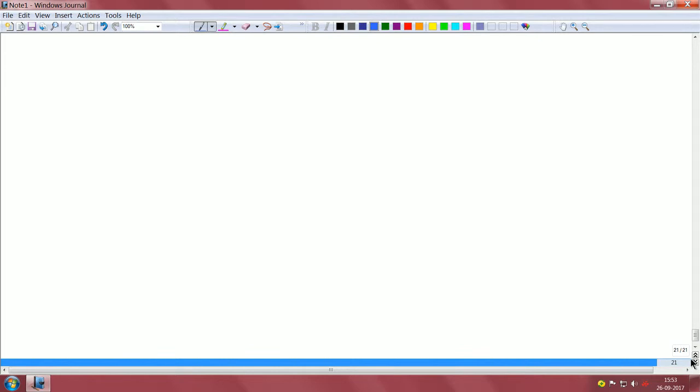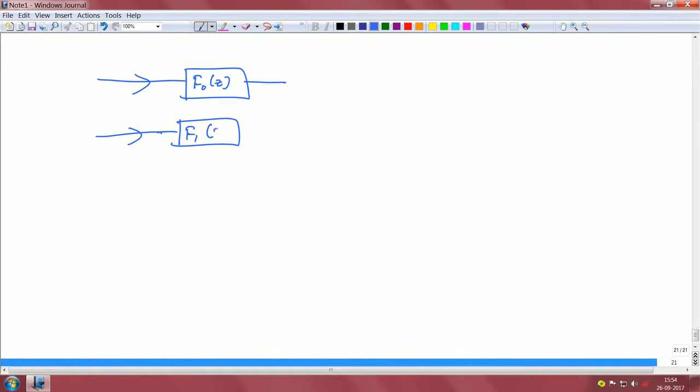Similarly, we can do this for the synthesis bank. So, let us just focus on the synthesis filters. F naught of z. So, you have all these band signals coming in and they are going through these synthesis filters. M minus 1 of these.